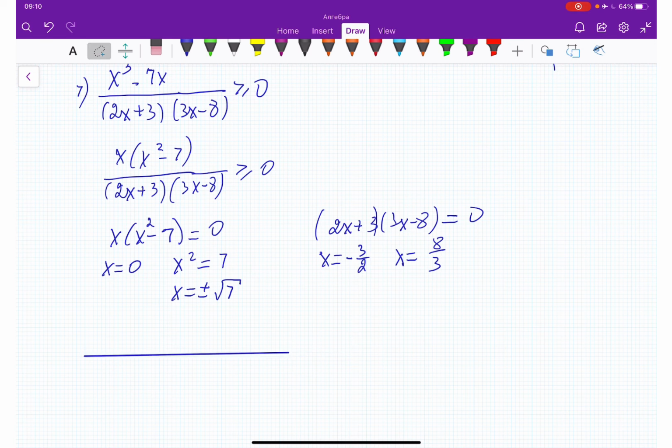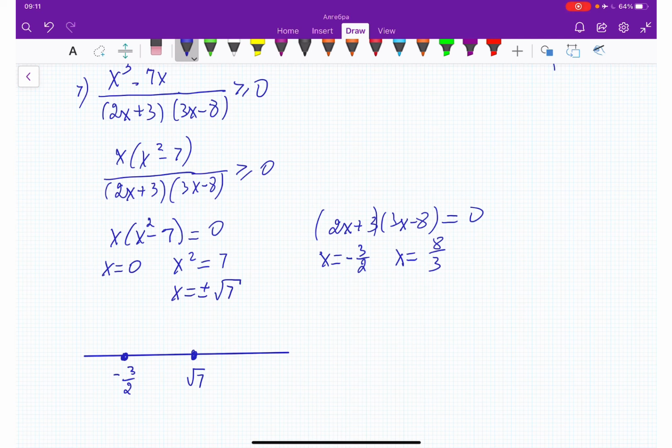And it's going to be solid, -3/2. All points are going to be solid. Here, positive square root of 7 and negative 2.65.